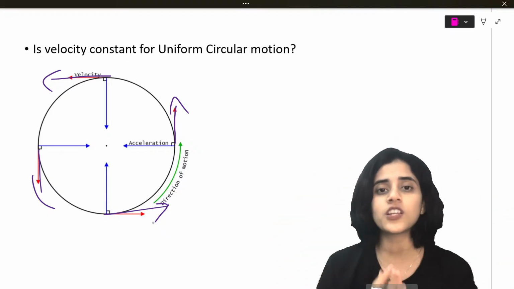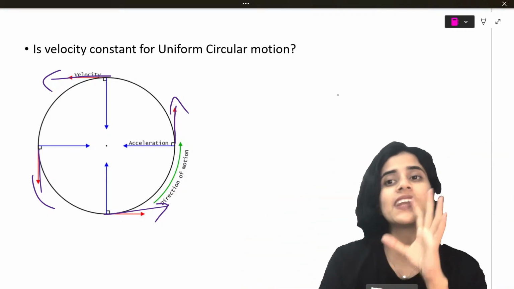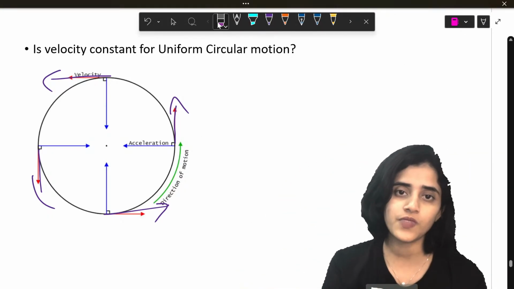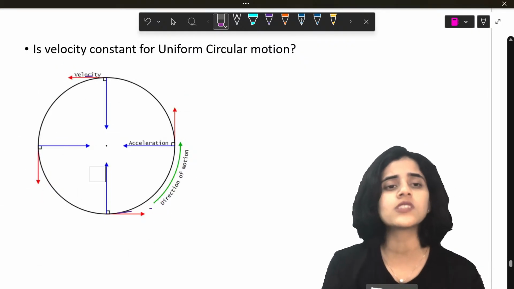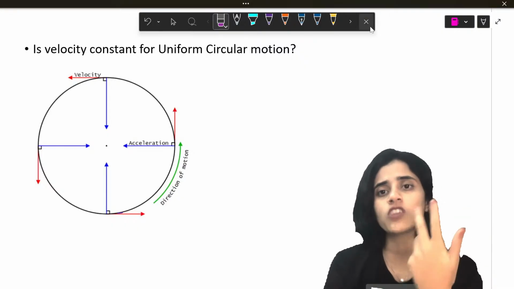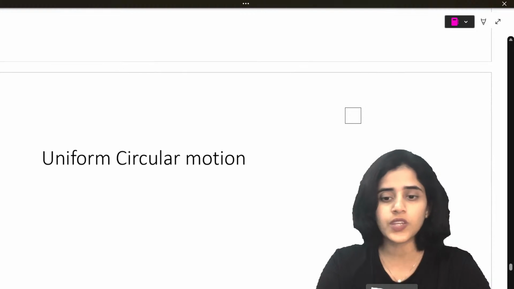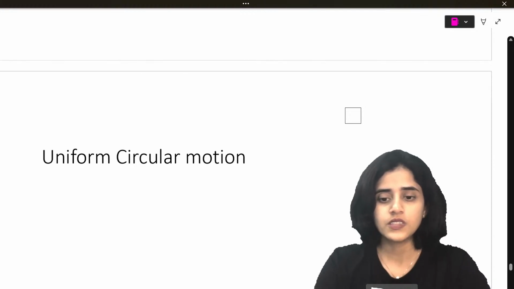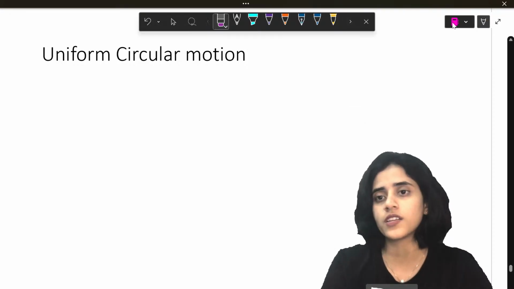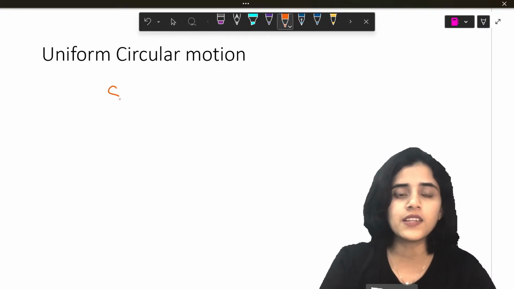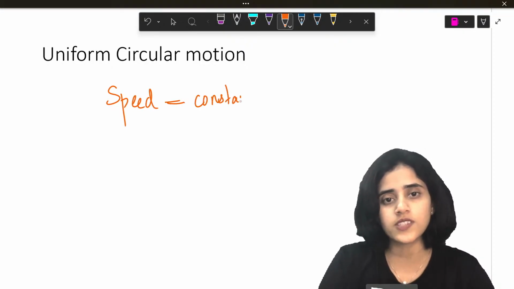So in circular motion, one thing you should know is velocity is changing throughout. Speed is a constant. So that could be a question: is velocity constant? No, because at every point the velocity changes. The direction will change. Now uniform circular motion has what all? It has speed. The speed is a constant.